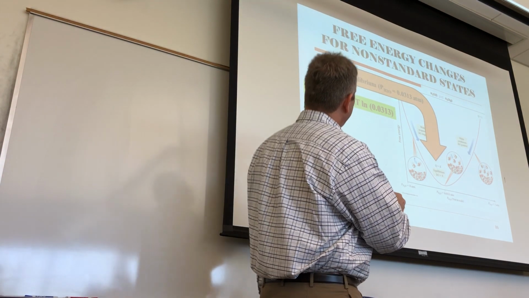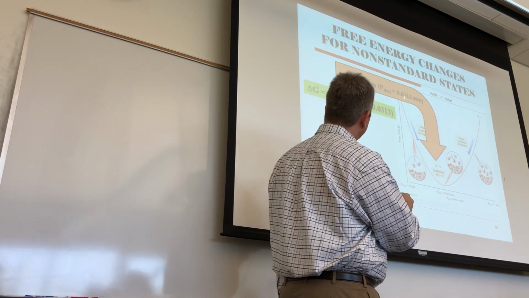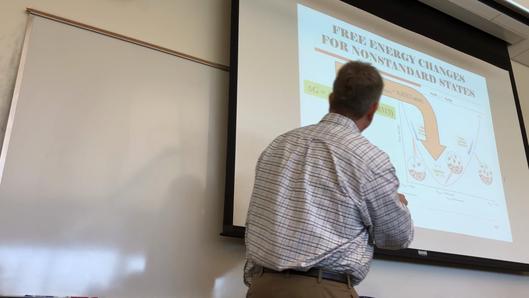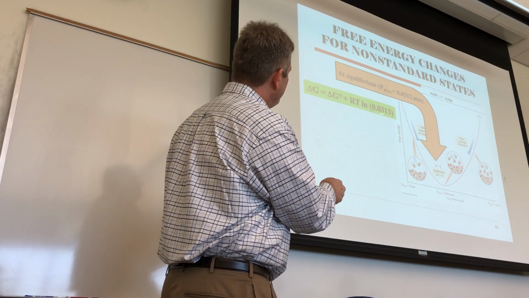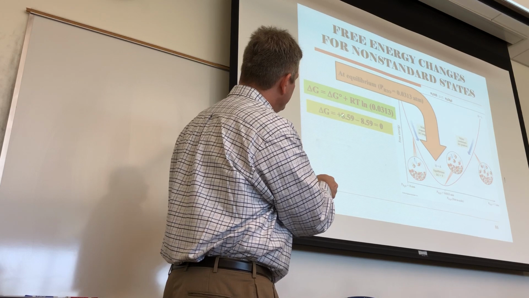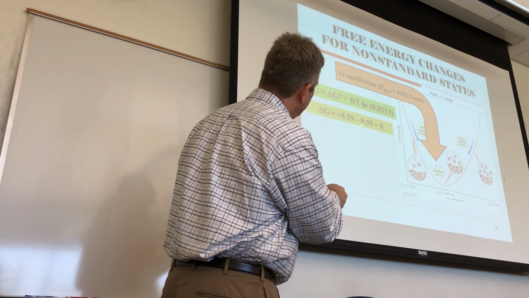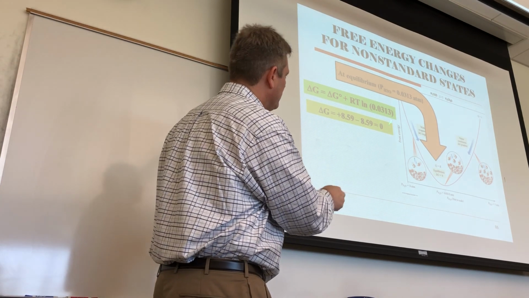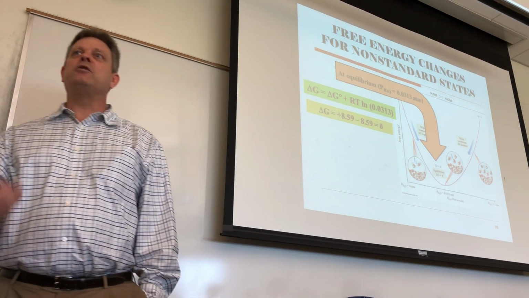So now, if I look at the equilibrium here, this is basically when Q is K at 0.0313 atm, then I have this term here, which translates as my 8.59, and this becomes 8.59, so my delta G is 0 because it's at equilibrium as expected. And you could plug in those numbers.